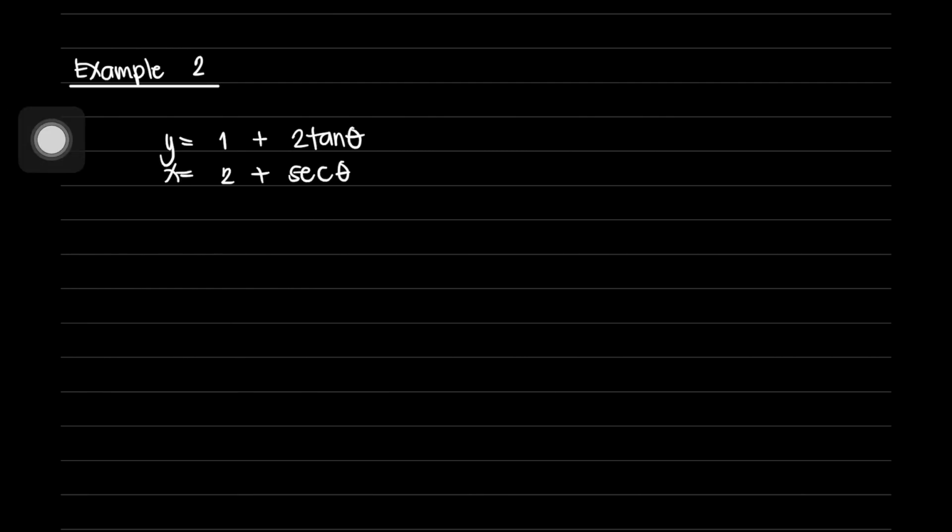So let's have this second example. We are given y equals 1 plus 2 tangent of theta and x equals 2 plus secant of theta. Now, if you're going to notice in this given parametric equation, the parameter is theta.